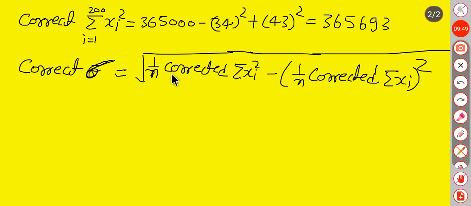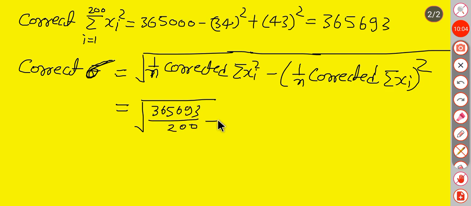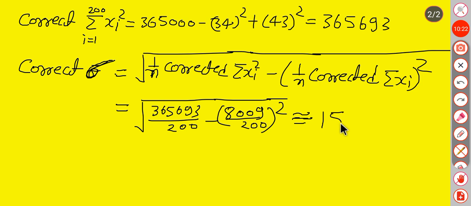That is the formula for standard deviation. So just put it here: 365693 upon 200 minus 8009 upon 200 whole square, that is the mean, and that will approximately come to 15. You can check it.